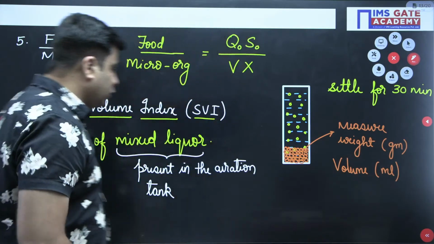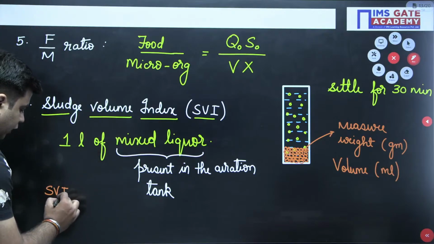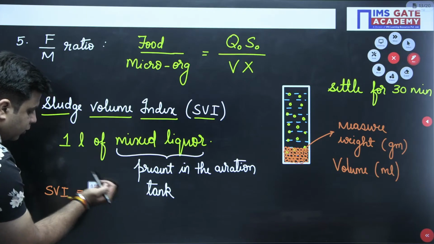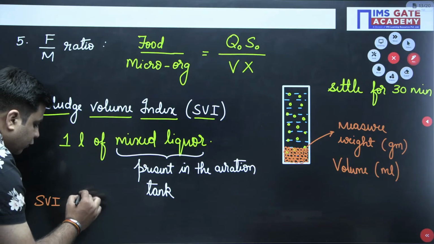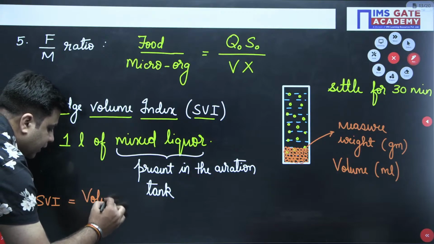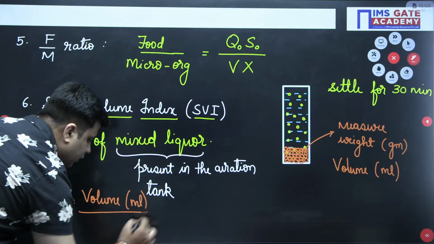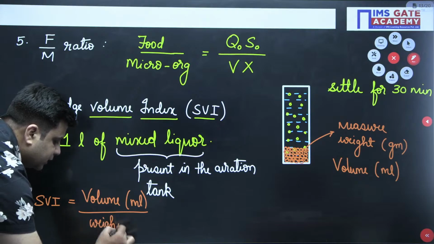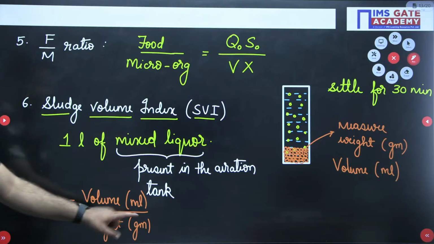So sludge volume index is defined as the ratio of volume occupied in ml by the weight of the biomass in gram.